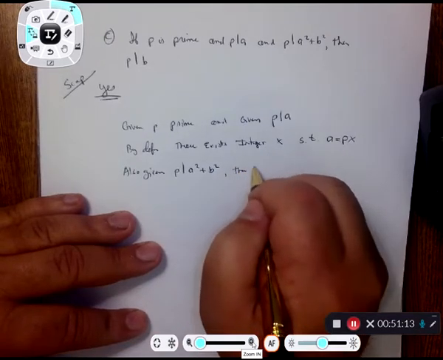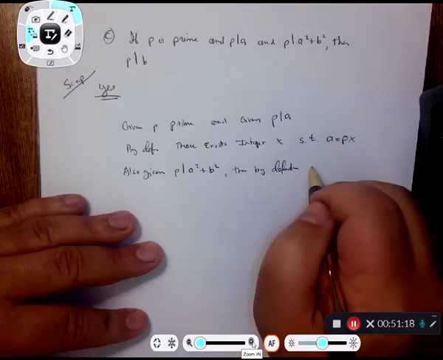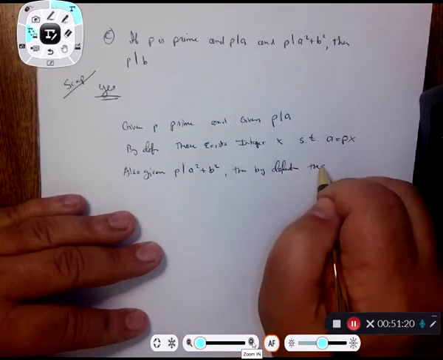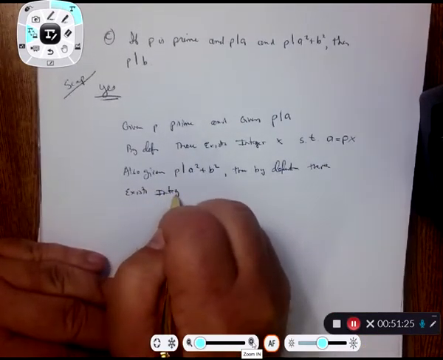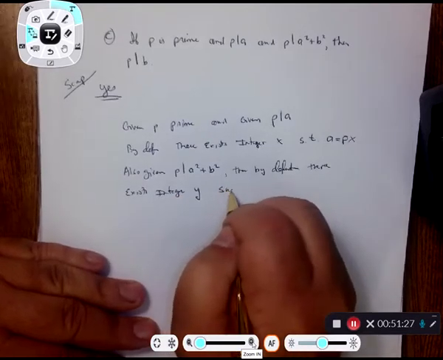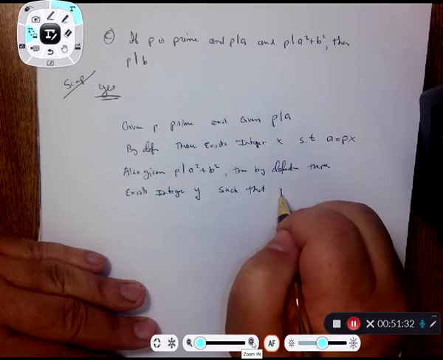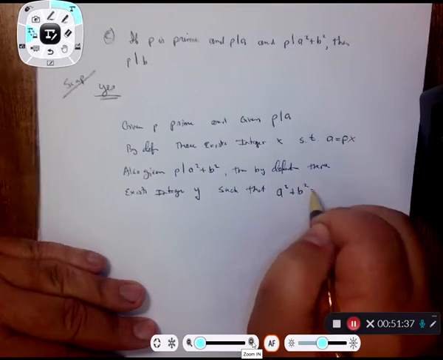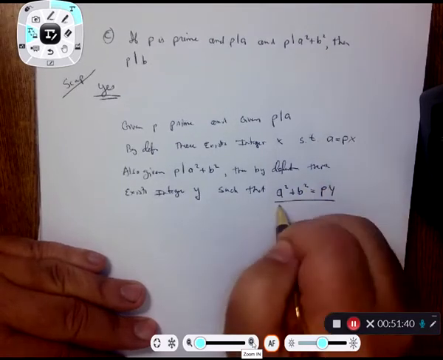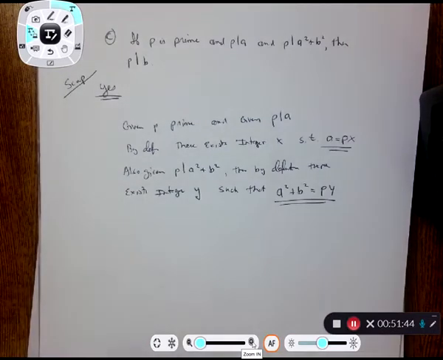Then, by the definition of divides, there exists another integer, we'll call it y, such that A squared plus B squared is equal to P times y. Notice, the goal in your math proof classes is to take these definitions and theorems and come up with equations so we can manipulate them.